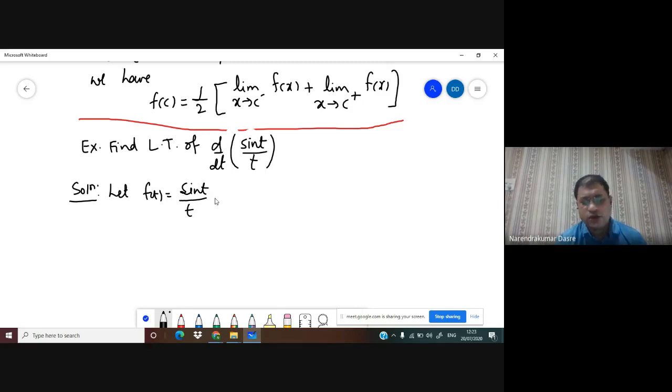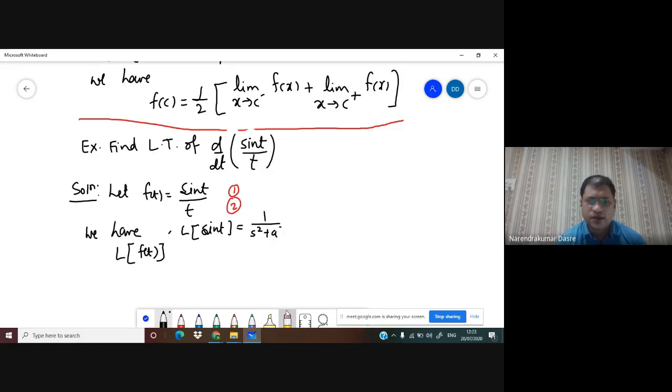Now you can have more than one property. Let us see what you will be having here. This you have to solve in two steps: first the numerator, second the property of division by t, and hence we have the Laplace transform of f of t. The Laplace transform of sin t is 1 upon s square plus a square.